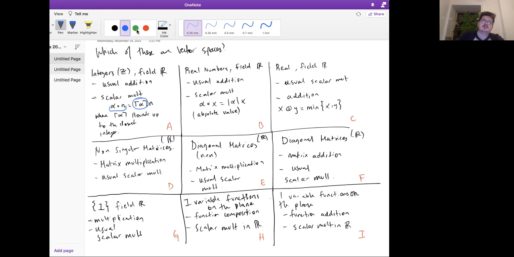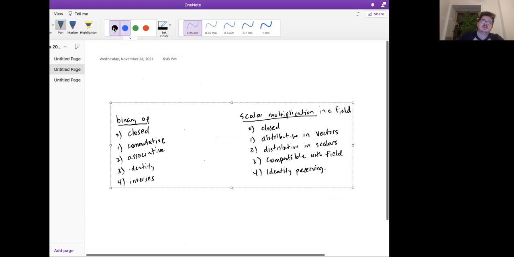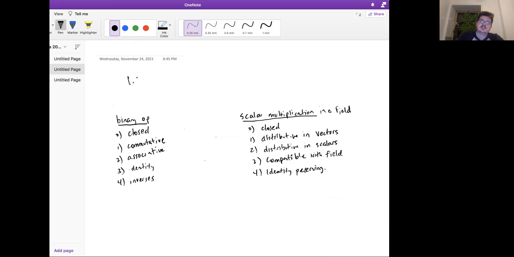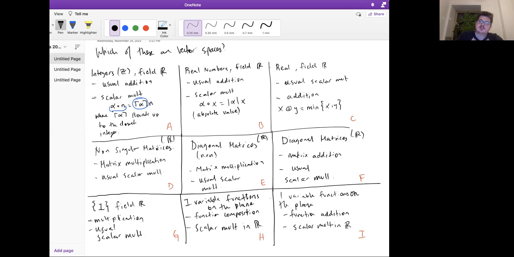So for example, if I had 1.2 times 3, what would that equal? This is integers. Well, remember, the scalar multiplication is the number times the integer: first round up the number and then multiply by the integer.